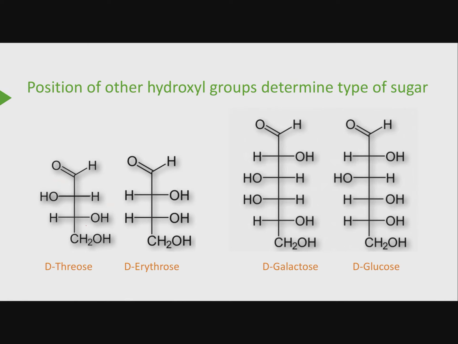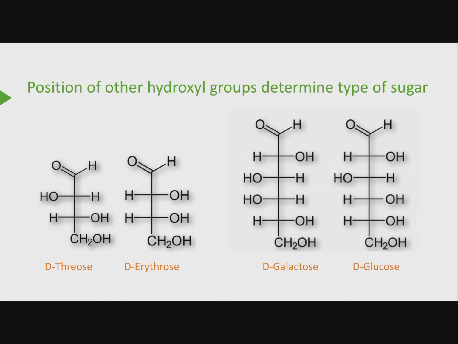And so you can see here what that looks like. Here are a couple of examples of other D sugars. Now, our bodies tend to use the D sugars and not the L sugars. This is a little bit of a flip-flop from the amino acids, right, where we use L's and not D's.